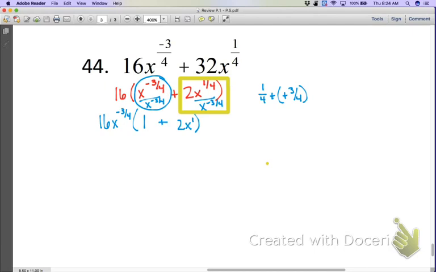What can I not have though? Can't have that negative exponent right here. So where does it need to go? To the denominator, right? So on the bottom side, I'm going to have my x to the 3/4 power, and then I'm going to have 16 times 1 plus 2x.